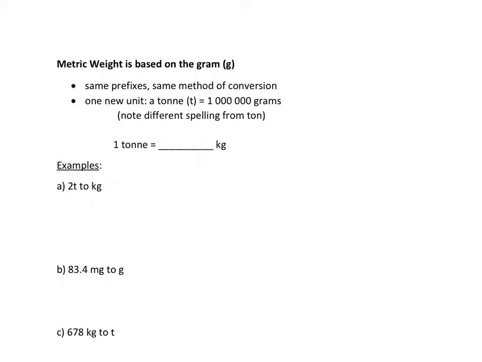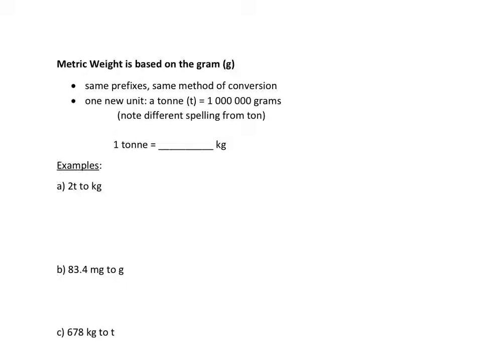And finally, metric weight is based on the gram. And again, we have all of the same prefixes and the same method of conversion. There's one new unit though, and that is a ton. Lowercase t is the abbreviation for it, and a ton is equal to 1,000,000 grams. And it's also helpful to know what a ton is in kilograms.